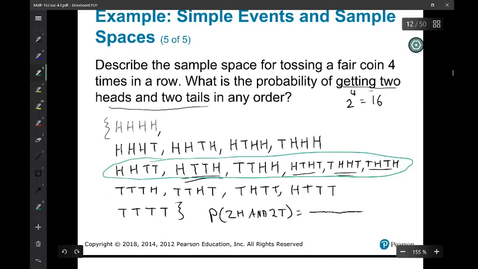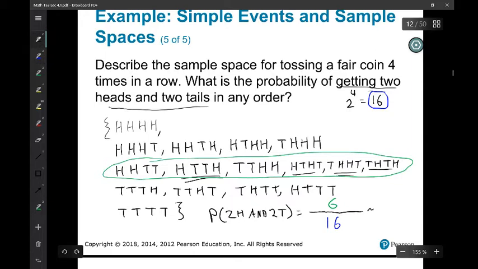So the simple events with 2 heads and 2 tails consist of 6 simple events. So take the number of simple events from the sample space that satisfies the condition, and then divide by the size of the sample space.